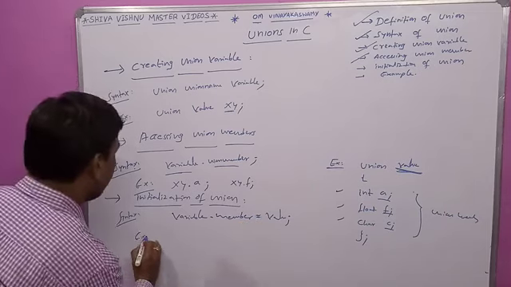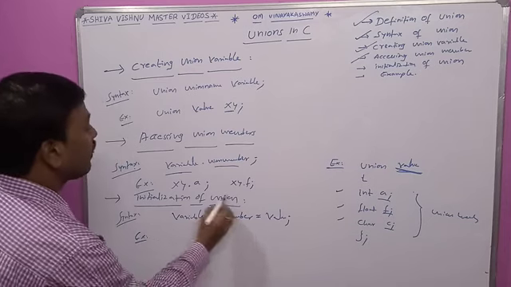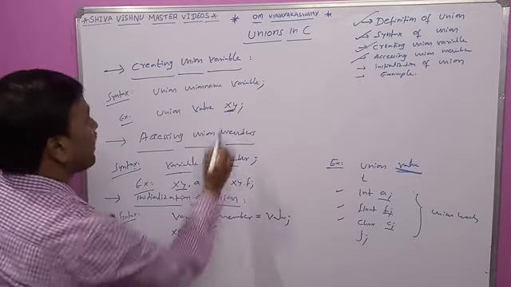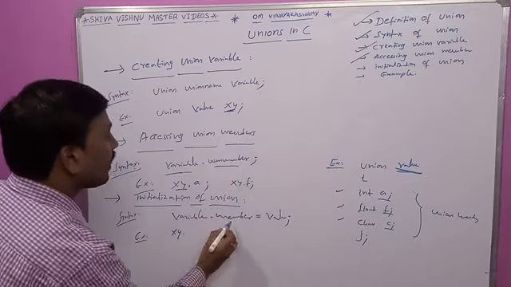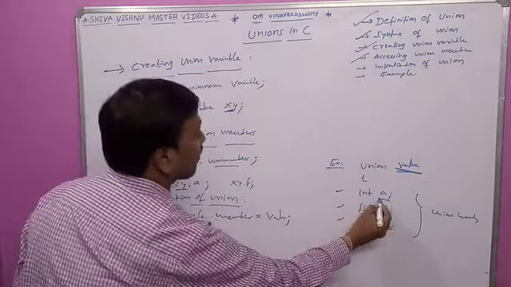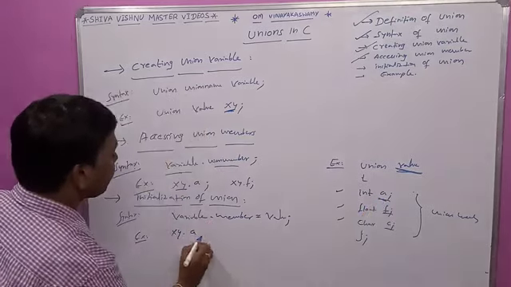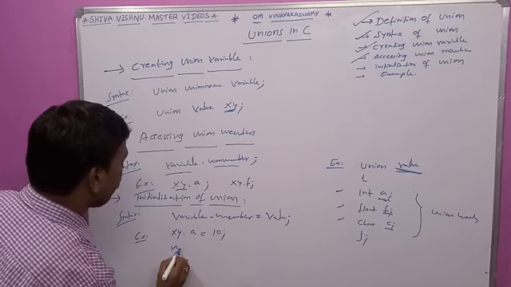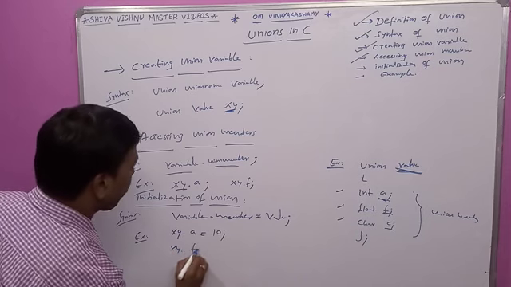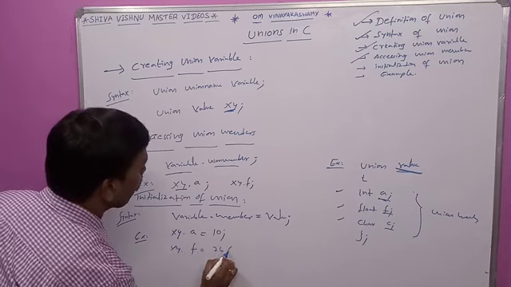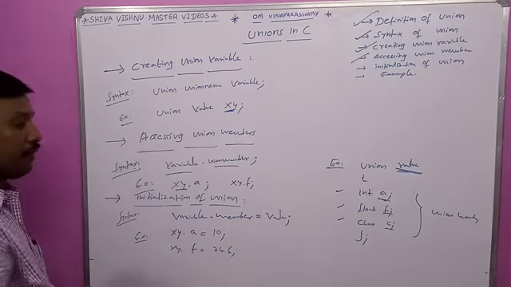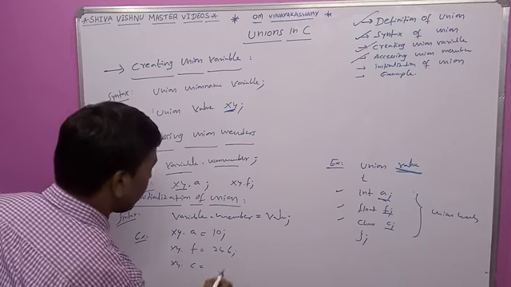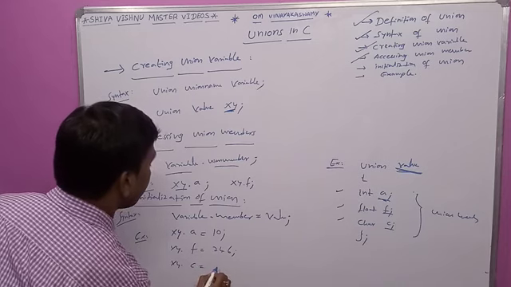Example: xy is a variable, and we assign its members. Here a equal 10. xy dot f equal 24.6, some value. Here xy dot c, where we can take any character.